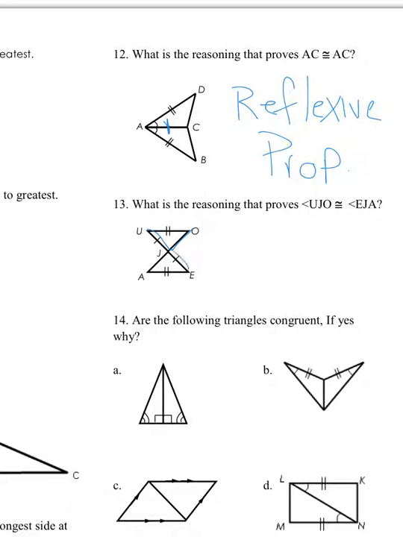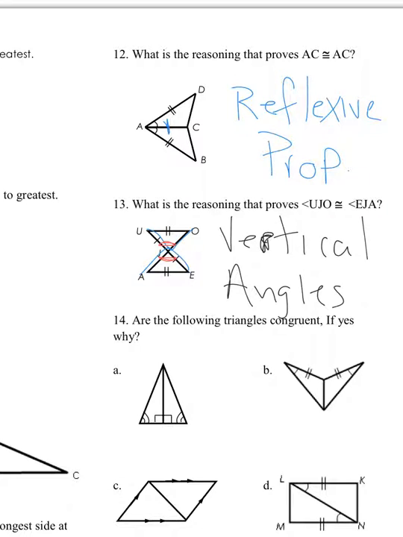UJO, EJA. Notice they're meeting at J, two lines crossing. That makes this angle here and this angle here congruent. What is the reason for that? Vertical angles. Okay, and they're congruent.